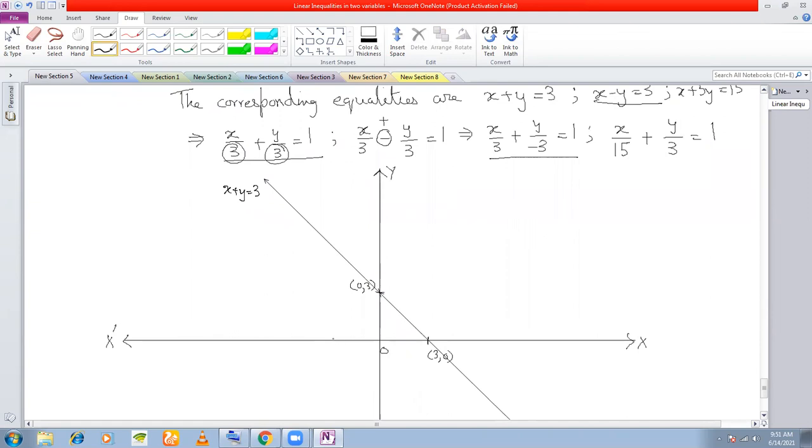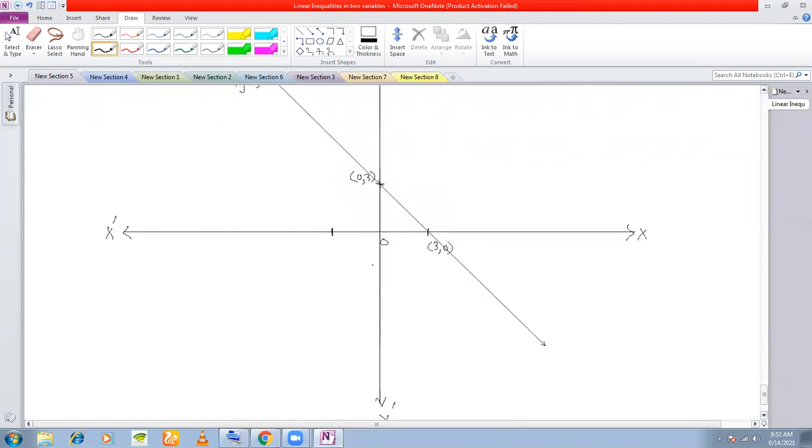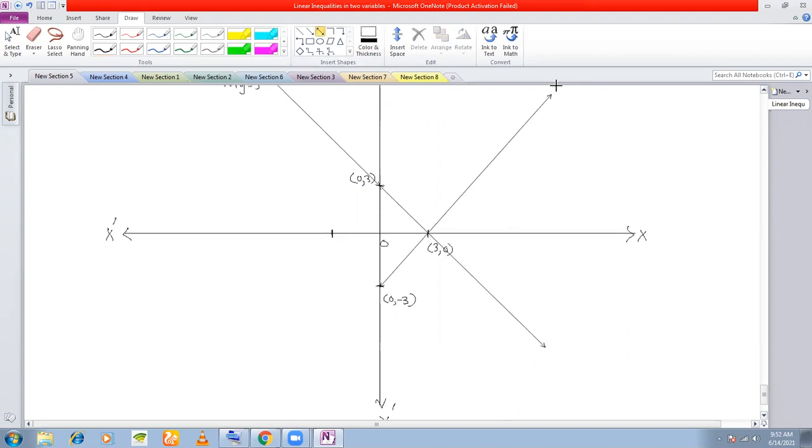In fact, below x you have a plus 3, so it will pass through 3, 0 definitely. And below y you have a minus 3, so it will pass through 0, minus 3. So this straight line will be our required straight line.